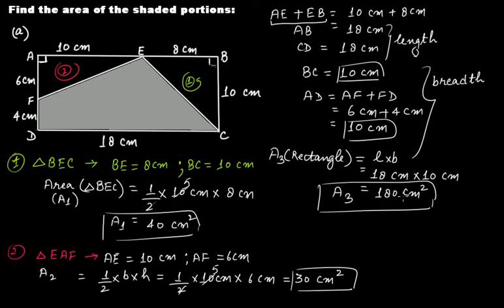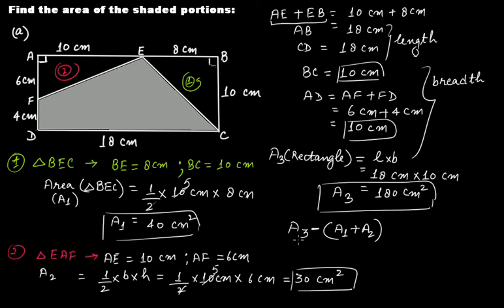If A3 is 180 centimeter square, and from this complete area we subtract the sum of these two areas, that is A3 minus A1 plus A2. If you add A1 and A2, that is area of this triangle plus area of this triangle, and then you subtract the sum from the whole, you will get this shaded portion.